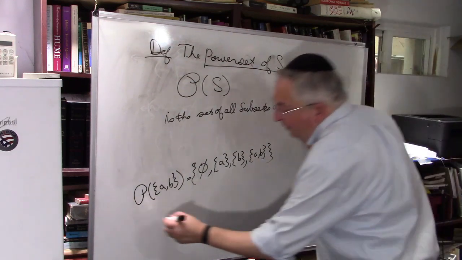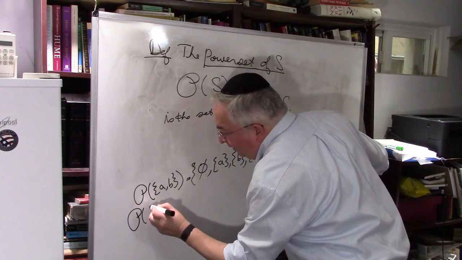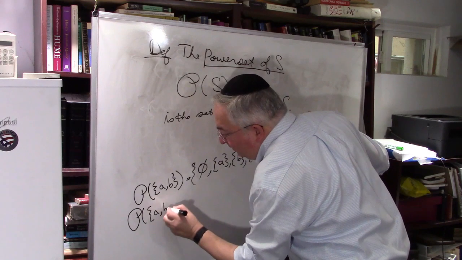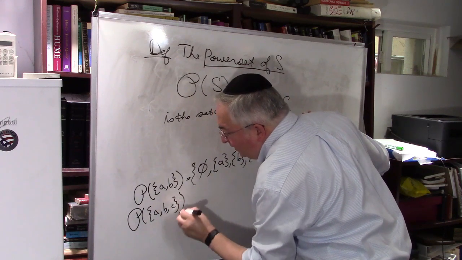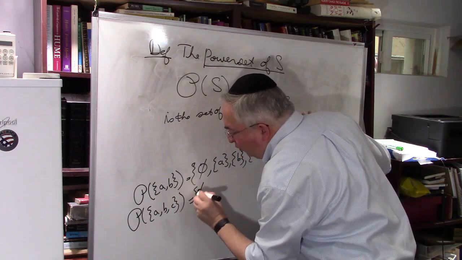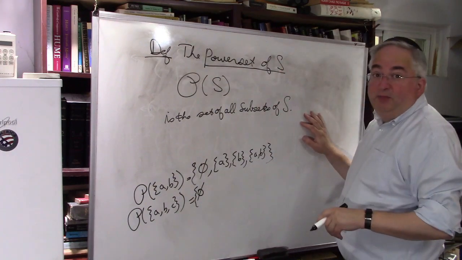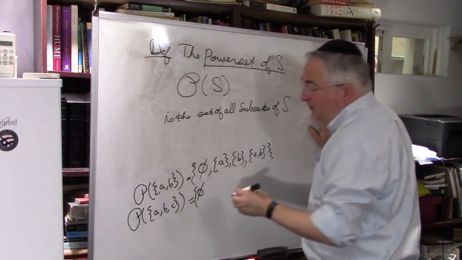Let's do a stronger one. The set that contains A, B, and C. Again, the order that I'm writing them down is not important, but you might as well write them down in some type of order.